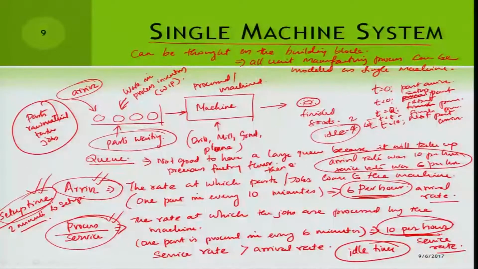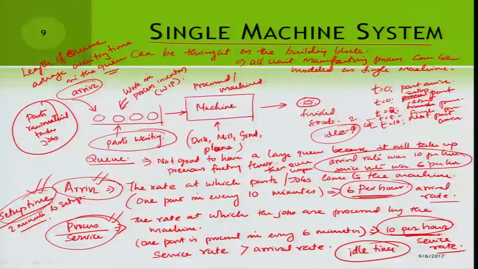Then aspects of the queue like length of queue, average waiting time, time in the queue, all these aspects are studied at that point. Okay, so this is the concept.